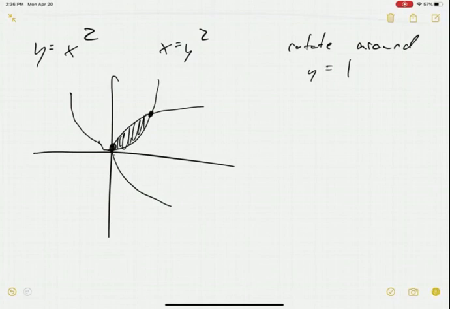Maybe right away you can see they intersect at (0, 0) and (1, 1). Then we're rotating around the line y equals 1, so we rotate and get this region up here, and our object is kind of a cone with these washer cross sections.